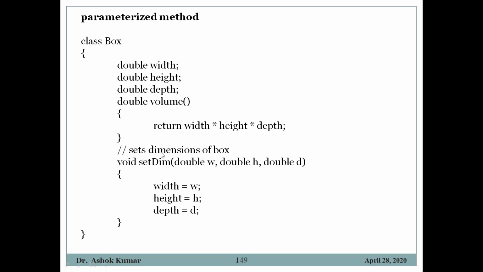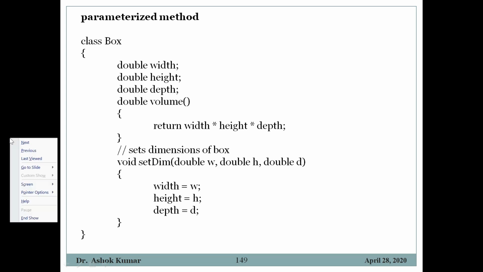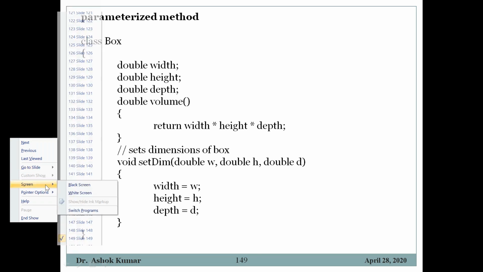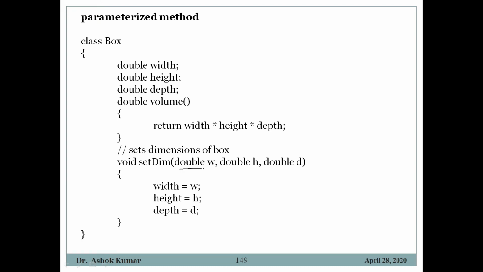Kindly note how we can mention the parameter. Here we have used three variables, all of type double. These parameters are separated by commas as well, and this method is returning a void.